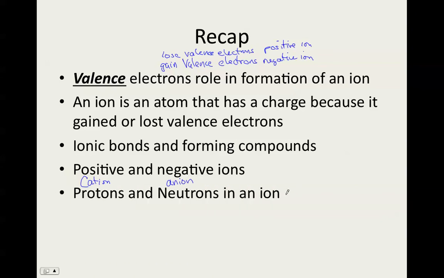Protons and neutrons in an ion do not change. So even though an ion may be formed, the atomic number remains the same, and so does the atomic mass.